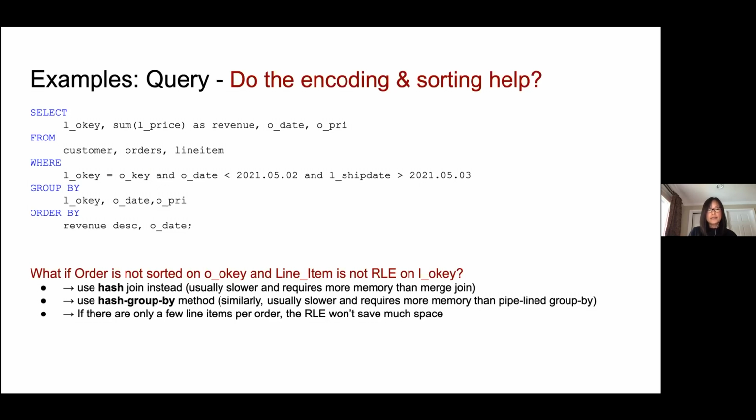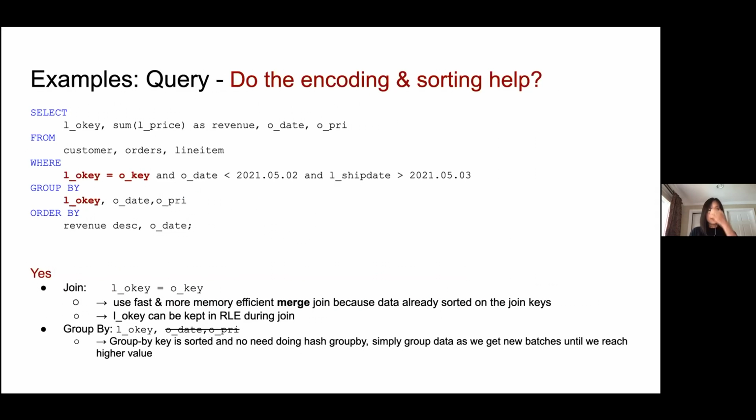And through this example, you can see something I missed. When you do the order, if the data is encoded in run length encoding, we don't have to decode it. We just keep it because we know the key value and we know the number of values in it.